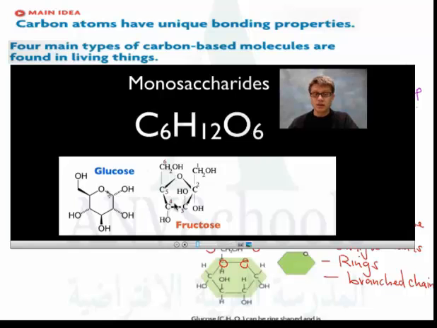Another example of a monosaccharide is fructose. We might also have galactose, and you can see that all of them have almost the same structure, and that is the ring structure.